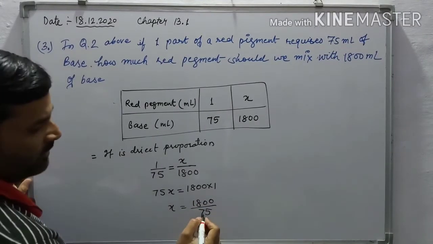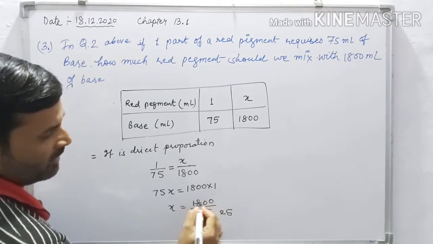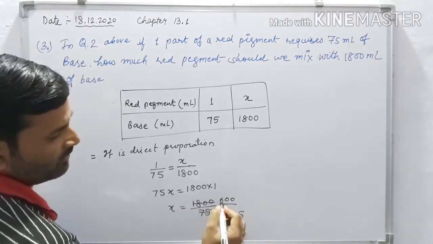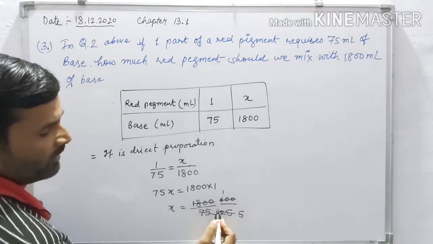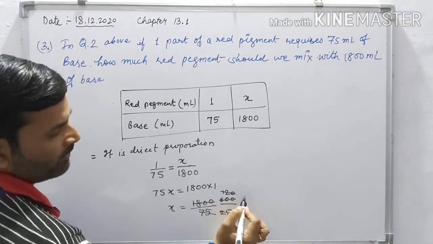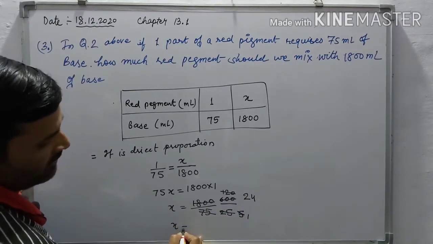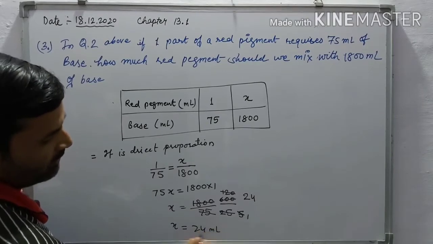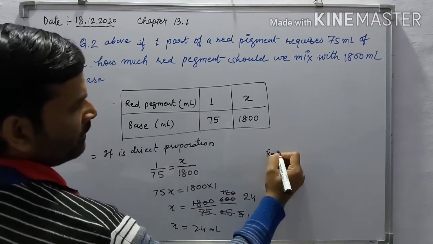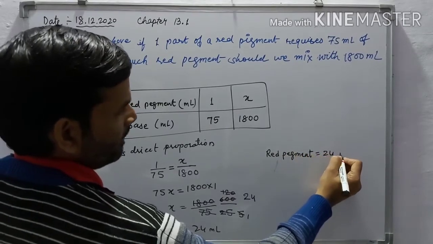Now cancellation: first cancel by 3, 3 twos are 6, 3 fives are 15, 3 sixes are 18, and the zeros. Then cancel by 5, 5 fives are 25, 5 ones are 5, and so on. This means the value of x is 24 ml. X is the red pigment, equal to 24 ml.